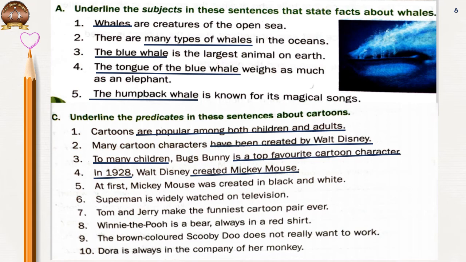At first Mickey Mouse was created in black and white. So Mickey Mouse is the subject. So automatically "at first" and "was created in black and white" becomes the predicate. Superman is widely watched on television. Superman is the subject. So the rest becomes the predicate. Tom and Jerry make the funniest cartoon pair ever.